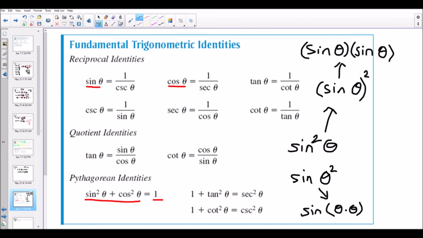So to revisit the Pythagorean identities, I said that you can divide both sides of the equation by sine squared, and cosine squared over sine squared was equal to cotangent squared.